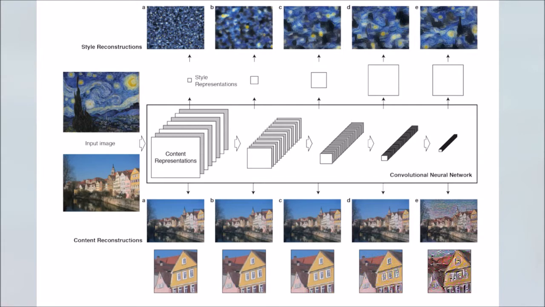However, the size of the filtered images decreases, meaning fewer total units per layer. Reconstructing the image from lower layers is almost perfect, and although higher layers lose some detail, they keep most of the higher level content. The style representations, as shown up on top of this image, are made from the correlations between the different features in the different layers of the CNN.